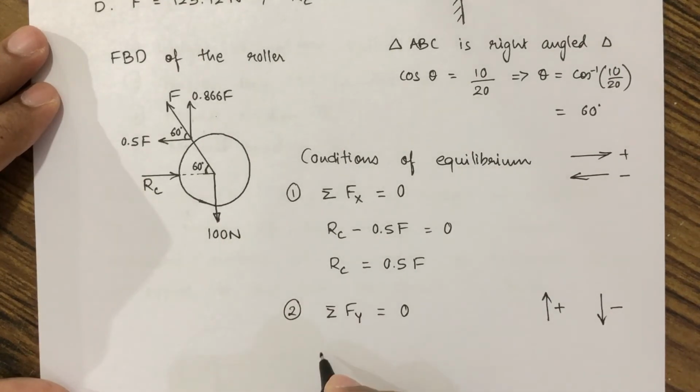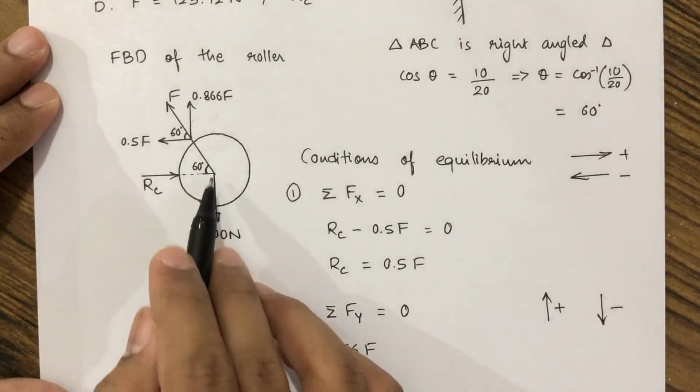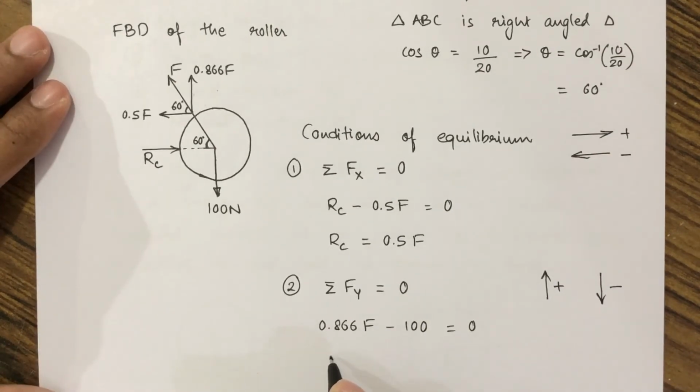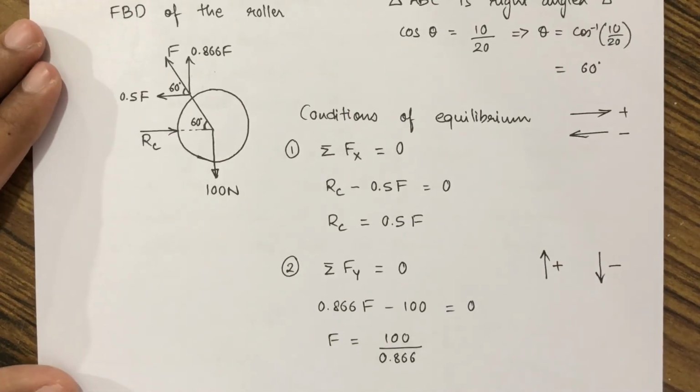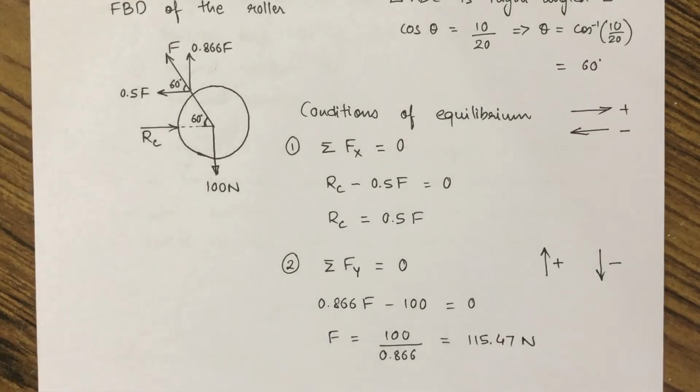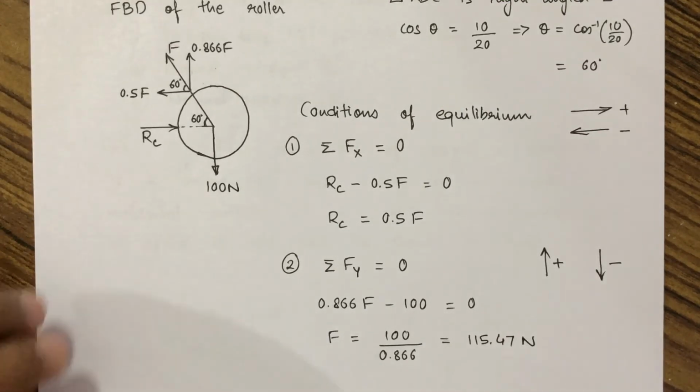So we write 0.866 F minus 100 is equal to 0. From here we can find the value of F. F is equal to 100 divided by 0.866. On solving, the value of F comes out to 115.47 Newton.